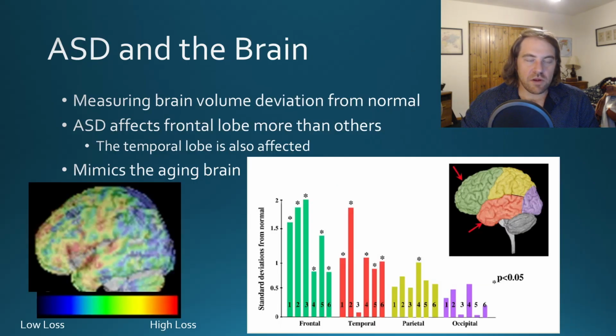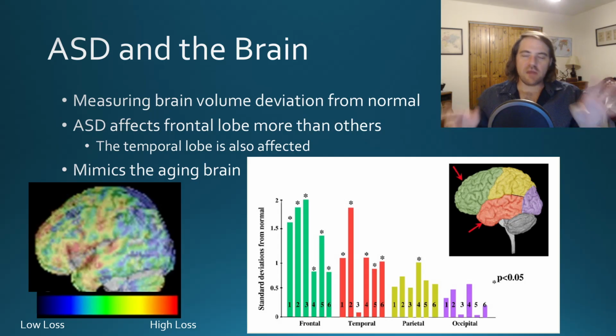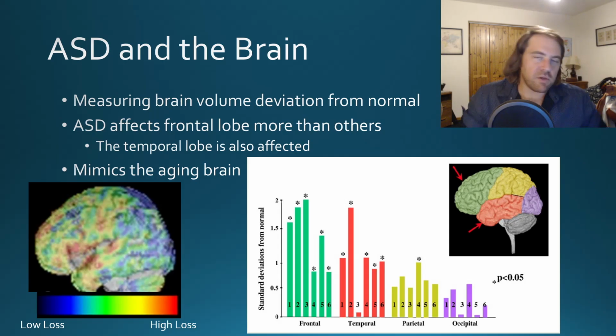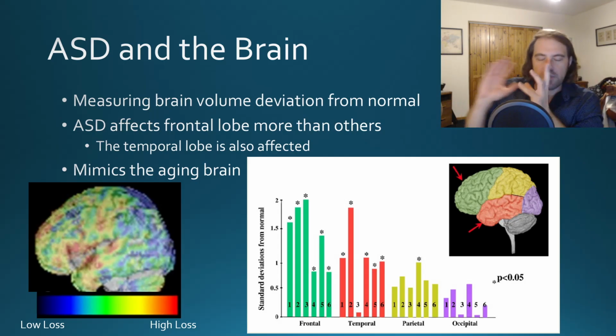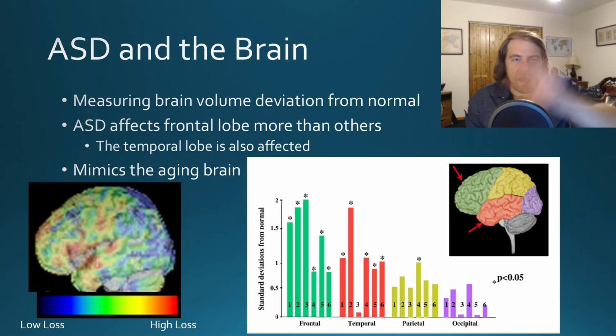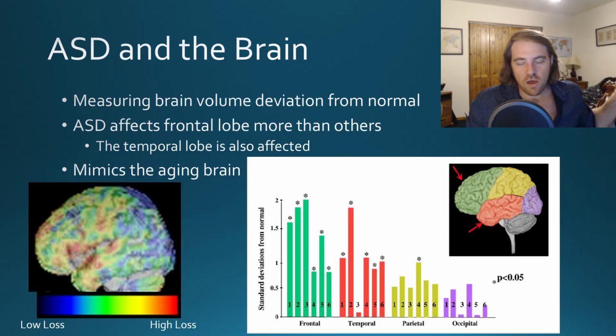So then we want to know about how ASD impacts the brain. Not necessarily in aging populations. So we looked at just aging. Now we're looking at just ASD in adults. So one of the things that we want to look at here is brain volume. Difference in brain volume roughly correlates with where deficits are going to occur. Think back to neuroanatomy.